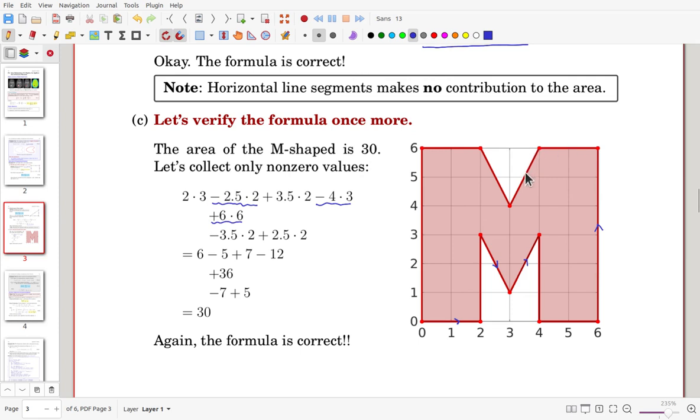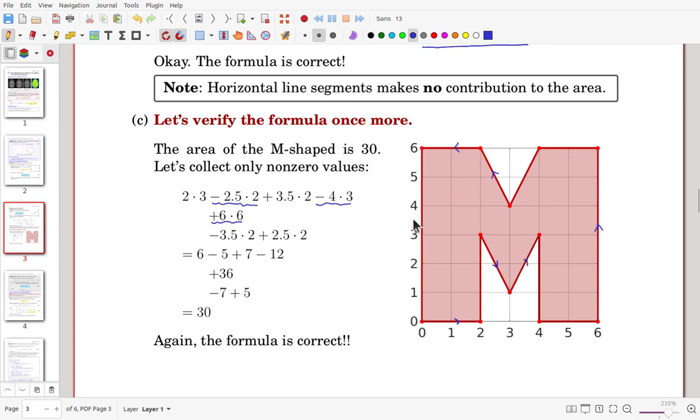The mid value of x is 3.5 and the change in y is -2. That one. And for this one, the mid value of x is 2.5, and the change in y is 2. Now for that side, no change in y, so it's 0.